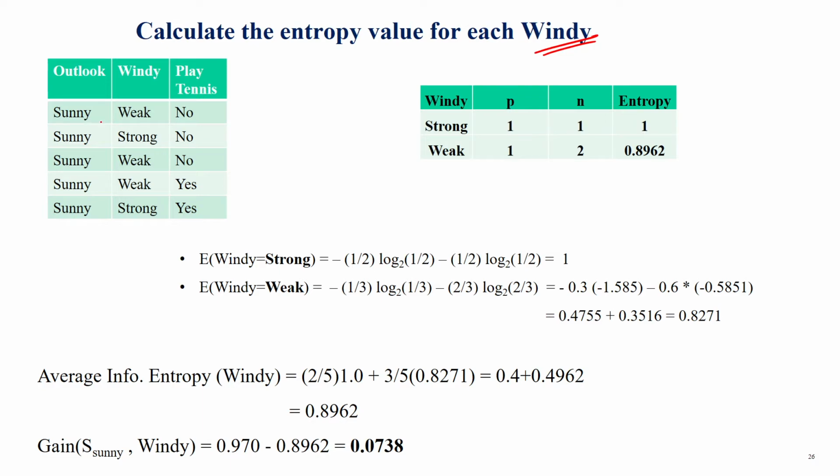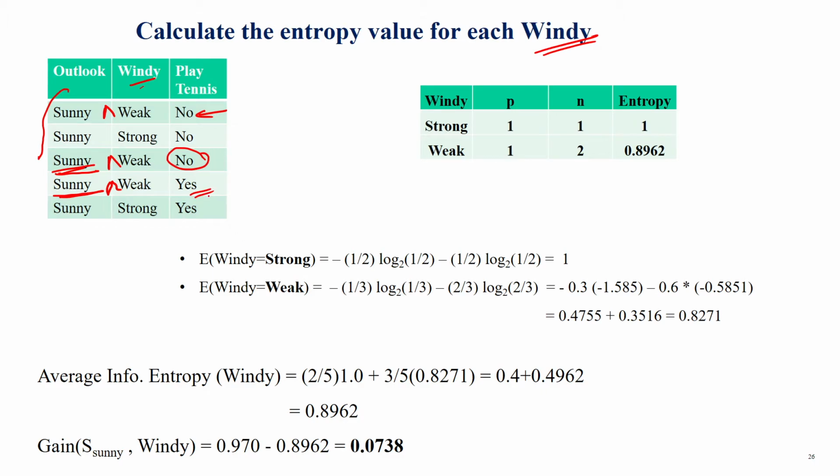The remaining two attributes are wind and temperature. First one is wind. We are selecting when outlook equal to sunny and wind is weak. There is no possibility of playing tennis. When outlook equal to sunny and wind is strong, there is possibility of playing tennis. Yes. And you look at the third example: when outlook equal to sunny, wind is weak, there is no possibility of playing tennis.